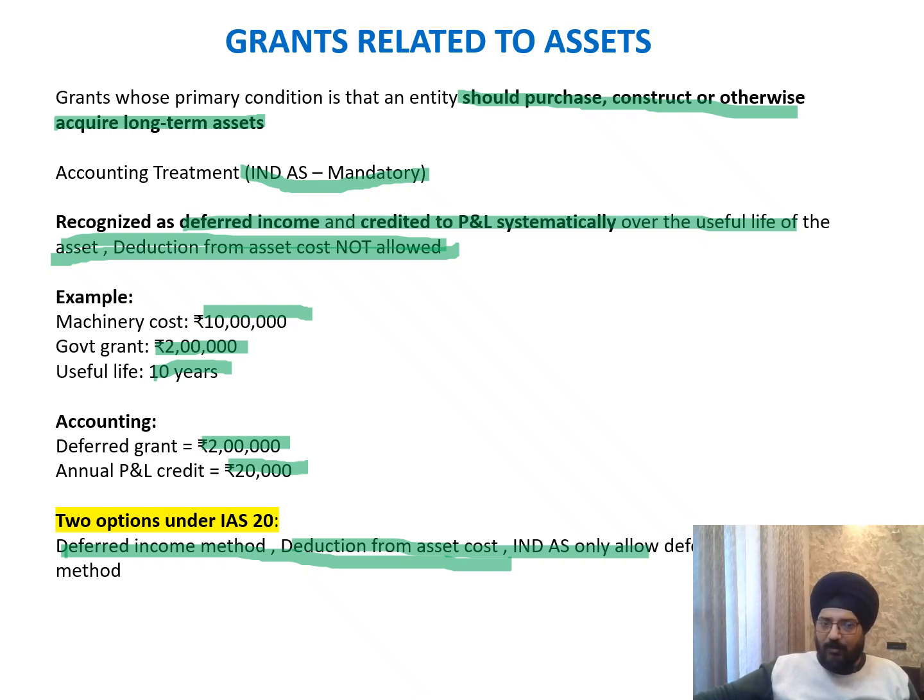The first entry is we have to debit the bank and credit the deferred grant, and then every year we have to debit the deferred grant and credit the P&L basis the life of the asset. But Ind AS 20 only permits the deferred income method when we are talking about grants related to an asset. This is a fundamental difference from IAS, because IAS gives an option here. So we'll move to the next slide.